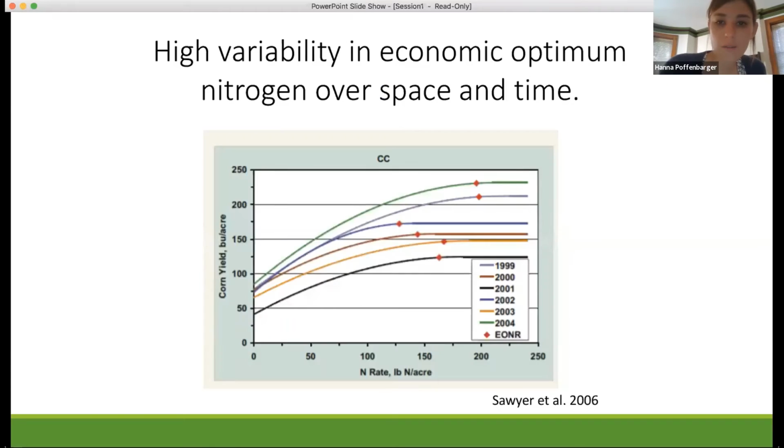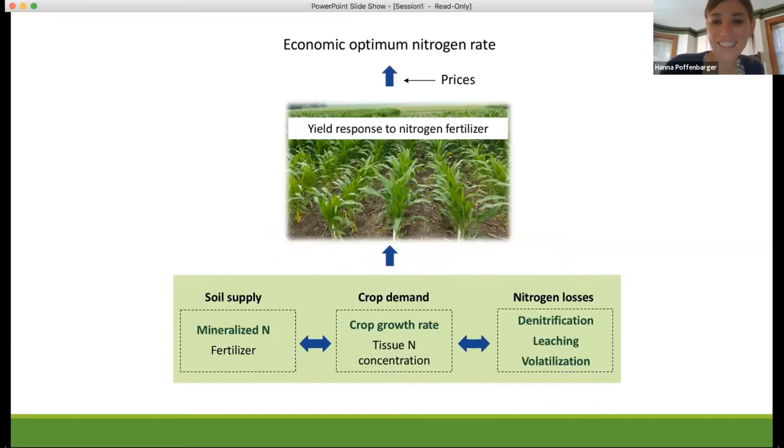Previous slide, please. Thank you. These three factors are impacted by things like weather and soil type, but I've also highlighted here some of the major processes that could be impacted by cover crops, because a cover crop can impact how much nitrogen is mineralized or possibly immobilized, and how that cover crop is demanding nitrogen.